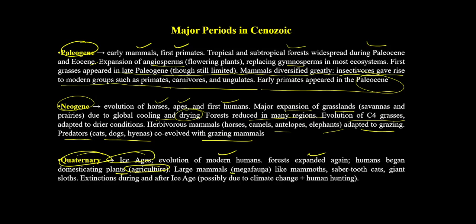Large mammals, megafauna like mammoths, saber-toothed cats, and giant sloths were present in that period. These megafauna went extinct during and after the Ice Age due to climatic change plus human hunting.